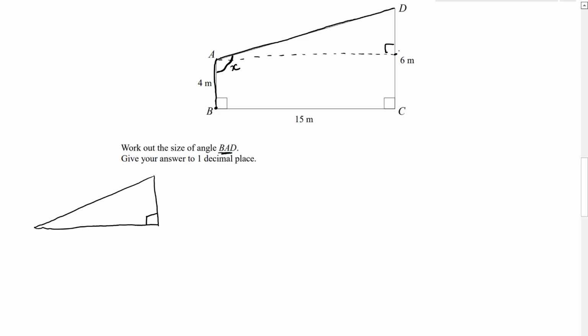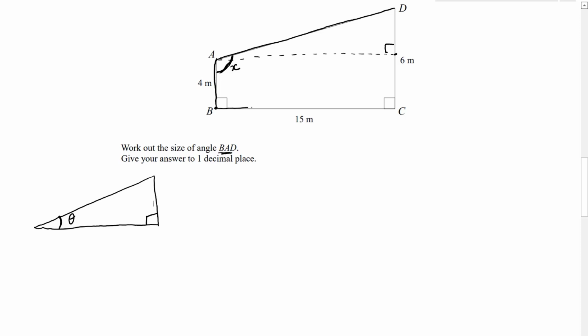And so what we can say is we need to know what this angle here is. Now I'm not going to call it X because X would be the full thing here. I'm going to call this theta, okay, just to show that it's just that part of this whole angle that we need to find, because we're going to have to add it to something later in order to get the total X. So we need to know what the dimensions of 2 of these sides are.